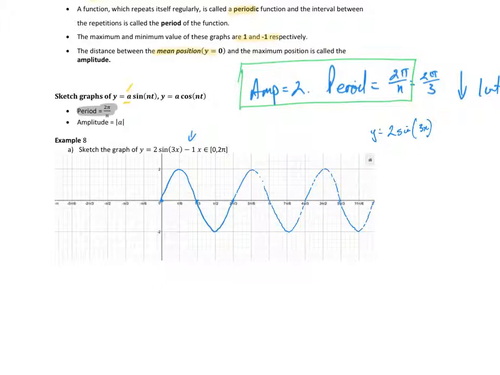So what if we go to a green? -1 shifts everything down 1 unit. So instead of going up to 2, we're down to 1 and down here at -3. And if you like, this mean value, which is our axis, okay, it's now at -1, which is there.